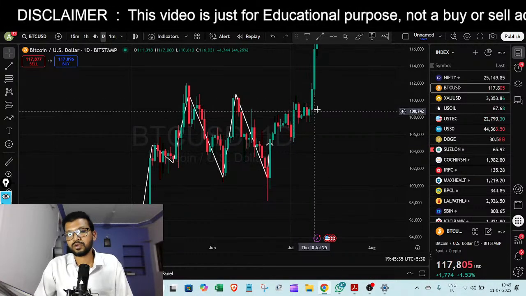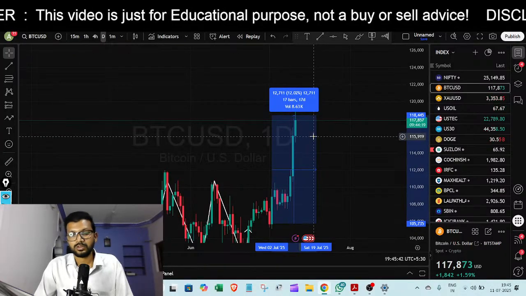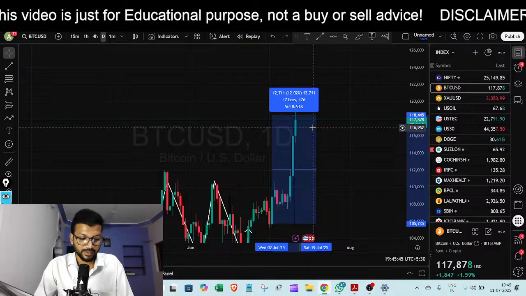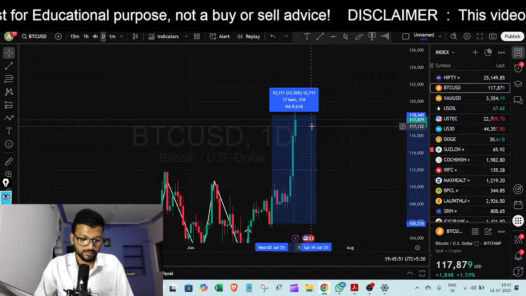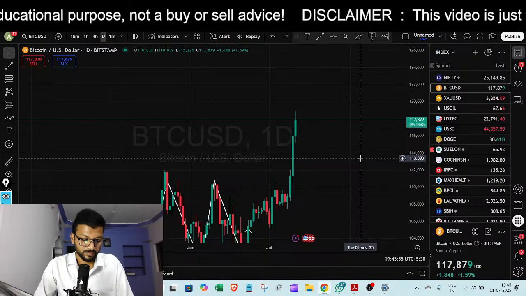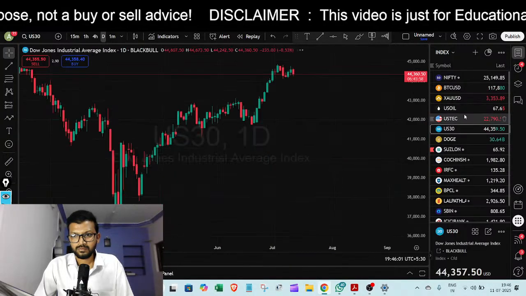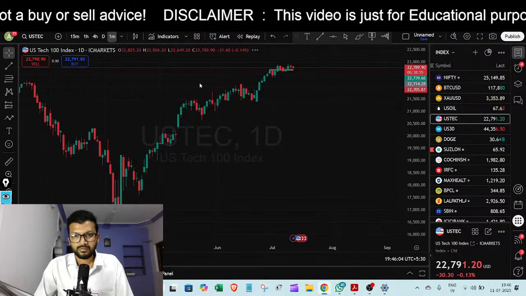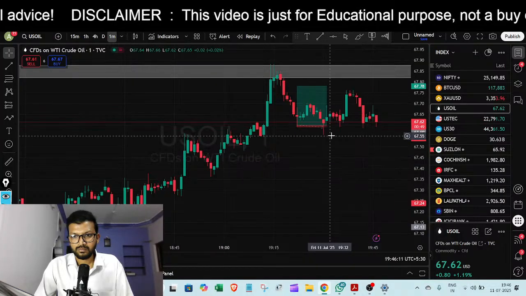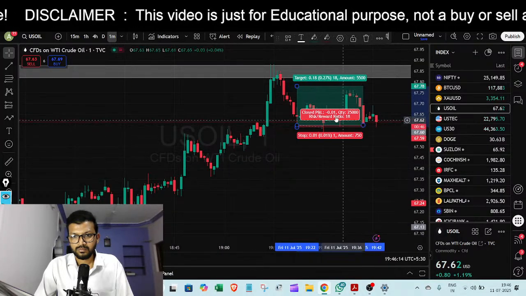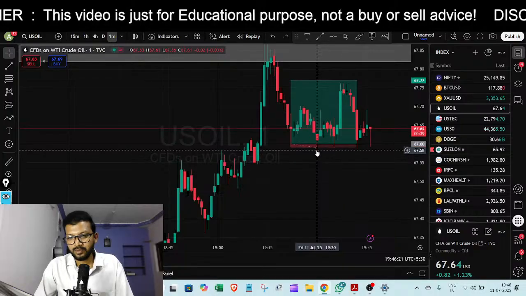So you would have captured this move, and if you hold it for this long, it was great returns. 12,000 is not a small thing in BTC. See, a spike has taken our cost to cost SL, then target it.